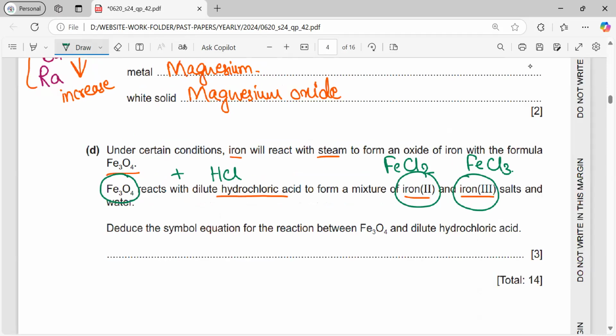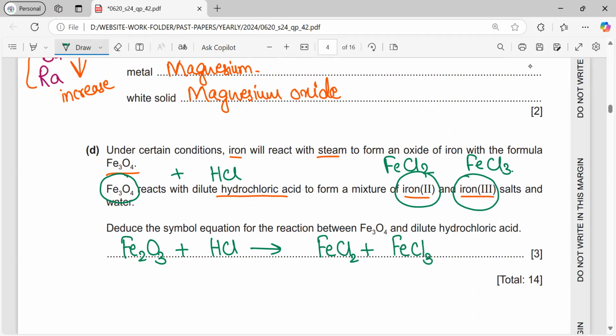So if we write the symbol equation for this reaction, then it will be Fe3O4 plus HCl gives FeCl2 plus FeCl3 plus water.